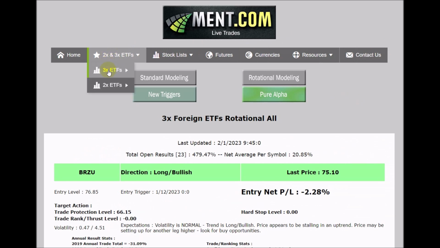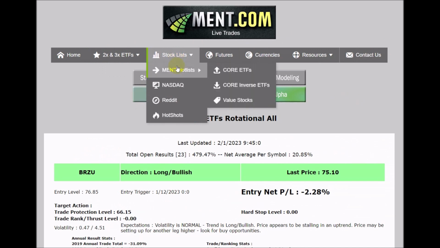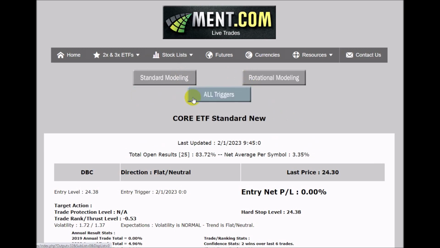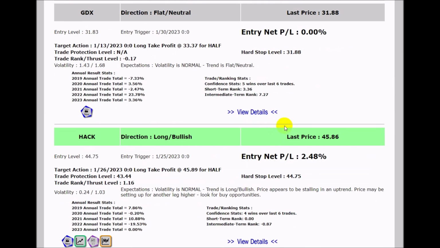So you have 3x ETFs, including foreign, 2x ETFs, bullish and bearish, and stock lists, including the core, the inverse and the value. So take a look at the core ETFs. Let's go to pure alpha. No pure alpha trades. Let's go to new triggers. We have a new trigger as of about a week ago, HACK. We've already taken half.